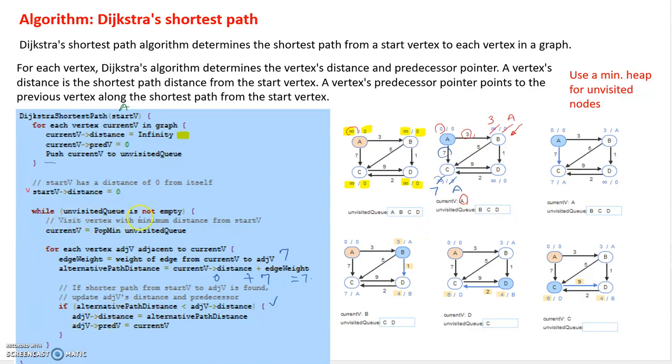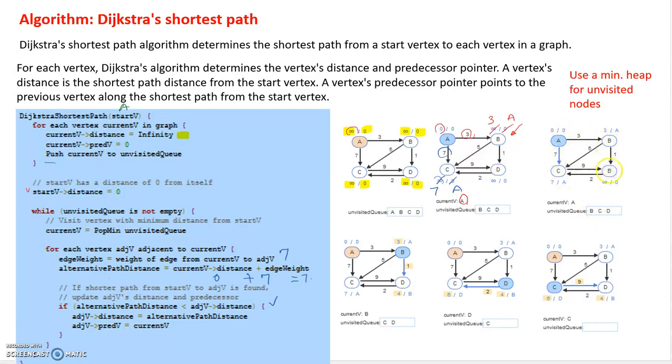Is the unvisited queue not empty? No, it's not empty. We got 3 nodes in there. Pop the minimum. Which one of these nodes has the smallest distance, between B, C, and D, of course? It is 3. So B is our current vertex now. We look at these 3 nodes.